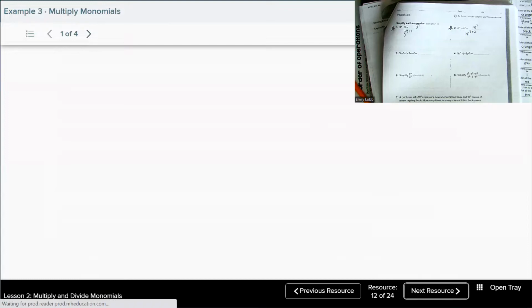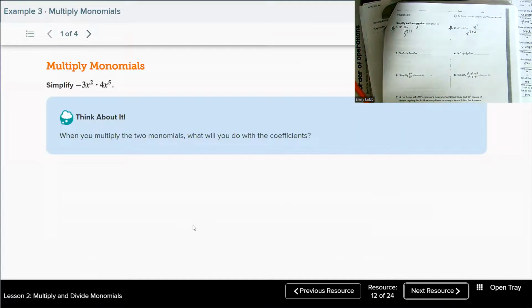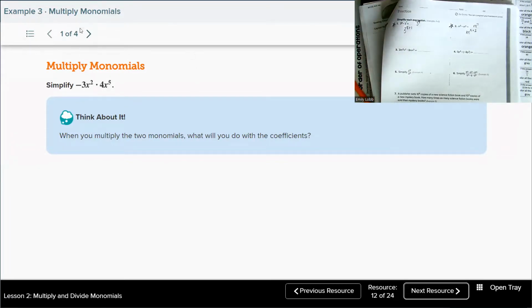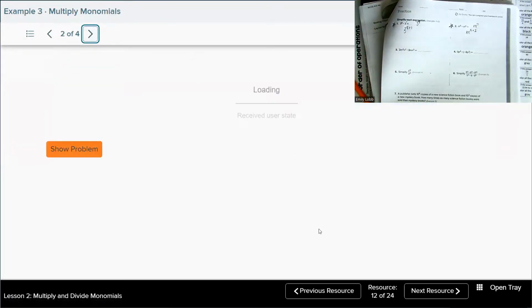Multiplying monomials. Now, when you multiply the two monomials, what will we do with these coefficients? Well, first of all, what are coefficients? The number in front of the letter. Those are our coefficients. So I have a coefficient of -3 and a coefficient of 4. So we got to think about what are we going to do with those?